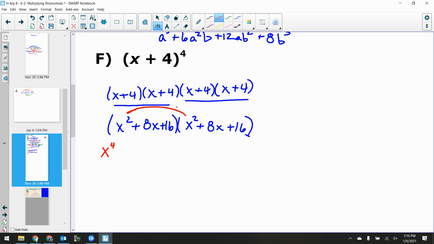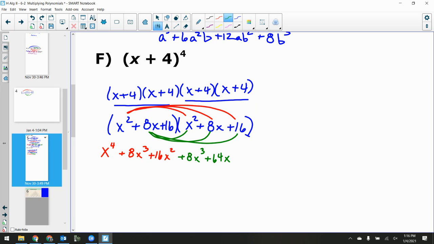x to the fourth, 8x to the third, 16x squared, 8x to the third, 64x squared, 128x, oh, that's right, 16x squared.